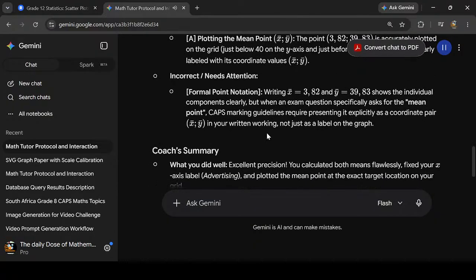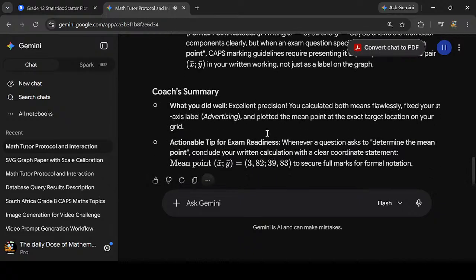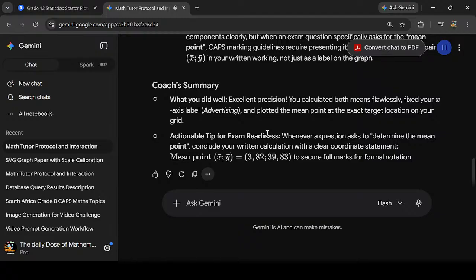Incorrect, needs attention: formal point notation. Writing x-bar equals 3.82 and y-bar equals 39.83 shows the individual components clearly. But when an exam question specifically asks for the mean point, CAPS marking guidelines require presenting it explicitly as a coordinate pair (x-bar; y-bar) in your written working, not just as a label on the graph. Coach's summary: what you did well. Excellent precision.